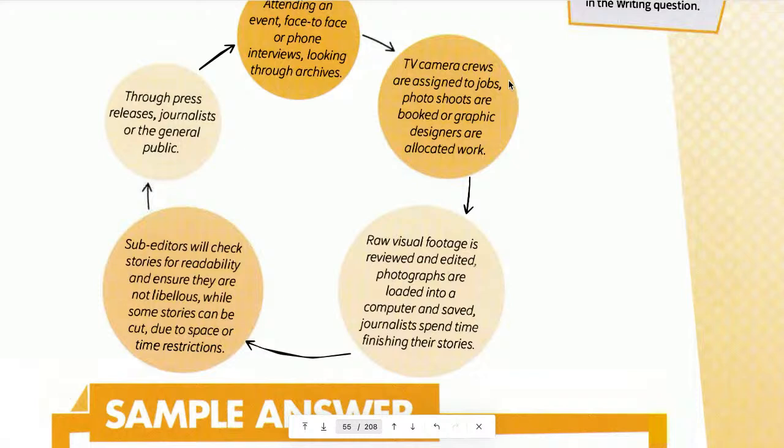So the other way around, the passive form is very hard to understand, but the active form is easy. If I say some producers or some people give jobs to TV camera crews, easy. Or assign jobs to TV camera crews, easy. Do you understand, right?